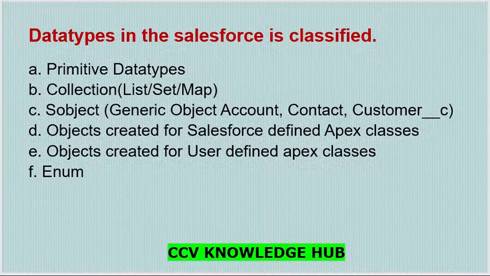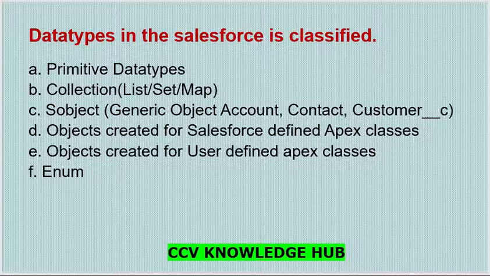So let's see what types of data types are available in Salesforce Apex programming. The first one is primitive data types like integer, float, all these things we can call primitive data types. The second one is collections: list, set, map. The third one is sObject. For example, Salesforce has already given some standard objects like account, contact, and so on.